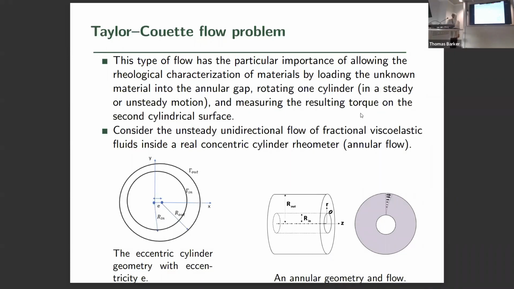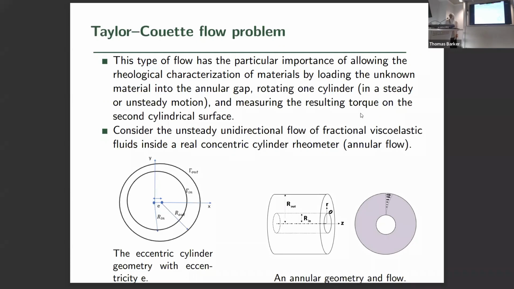Here, I'm working on the Taylor-Couette flow problem. This type of flow has particular importance for allowing the rheological characterization of materials, by loading the unknown material into the annular gap, rotating one cylinder in a steady or unsteady motion, and measuring the resulting torque on the second cylinder surface.